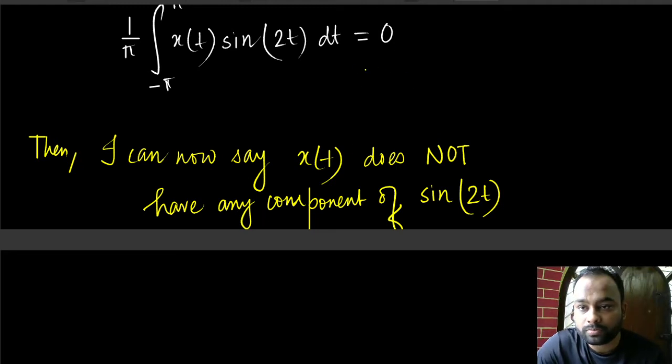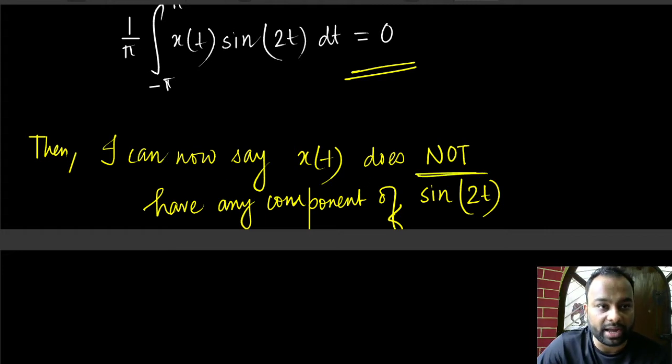Because of this 0, I understand that there cannot be a component of sin 2t.